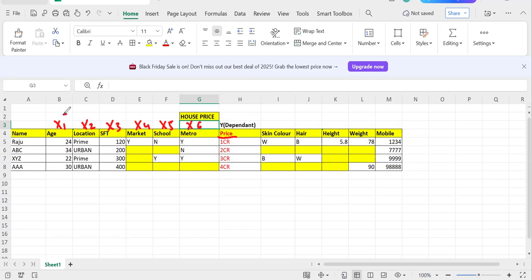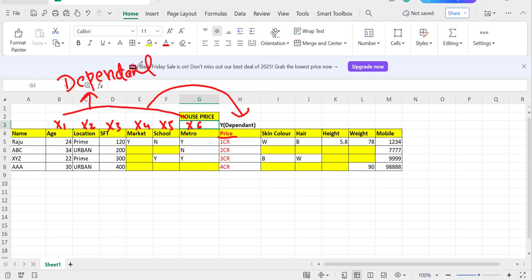These are all the variables which will affect y. Okay, what do we call them? I hope you are understanding, guys.